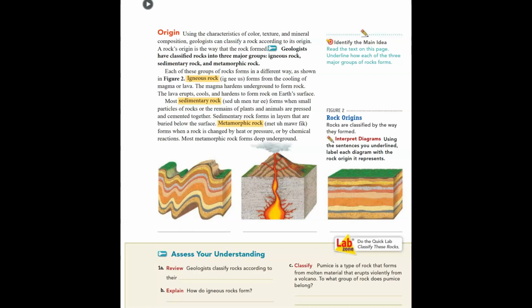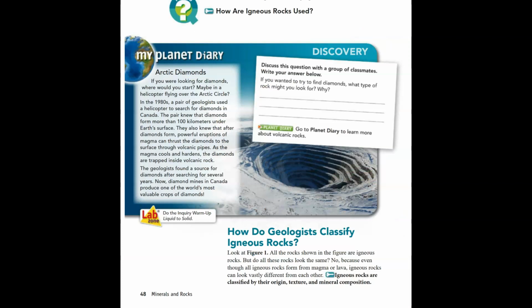Let's go talk about igneous rocks. Igneous Rocks, My Planet Diary: Discover Arctic Diamonds. If you were looking for diamonds, where would you start? Maybe in a helicopter flying over the Arctic Circle? In the 1980s, a pair of geologists used a helicopter to search for diamonds in Canada. The pair knew that diamonds form more than 100 kilometers under Earth's surface.